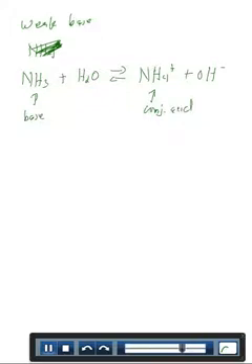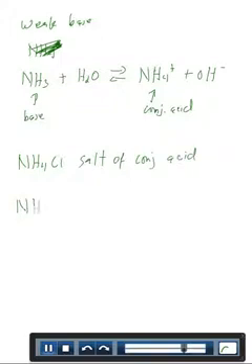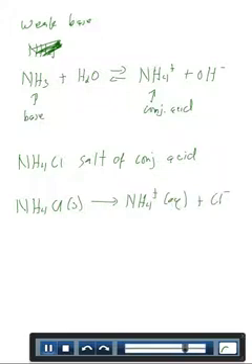Now, what if we took ammonium chloride? This is the salt of the conjugate acid. We dissolve it in water. It will produce NH4+ aqueous plus Cl- aqueous.